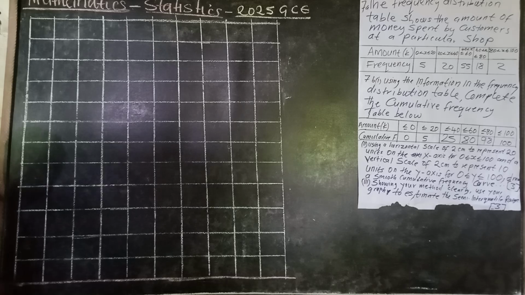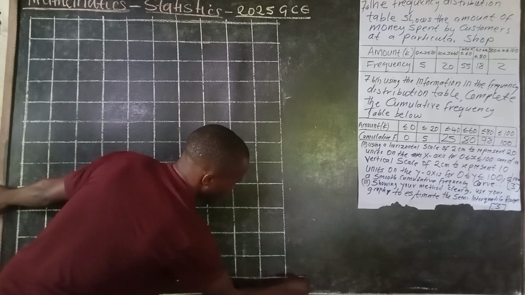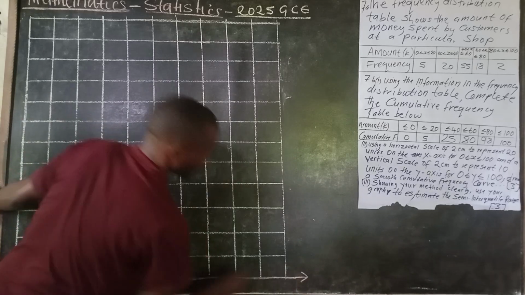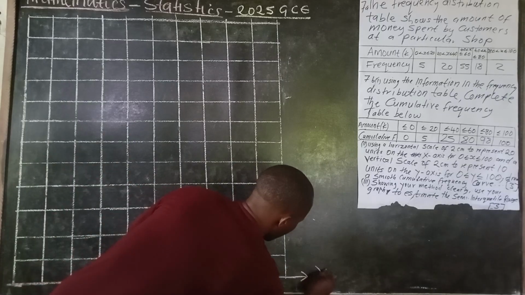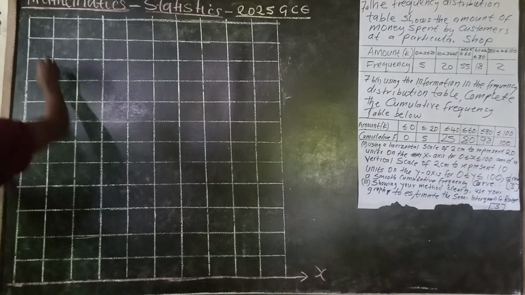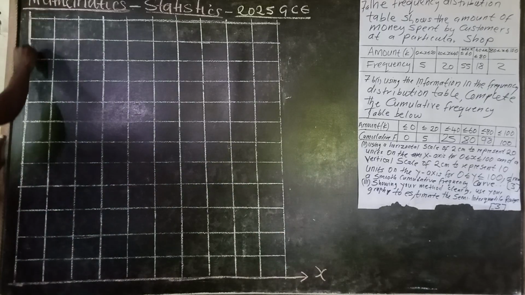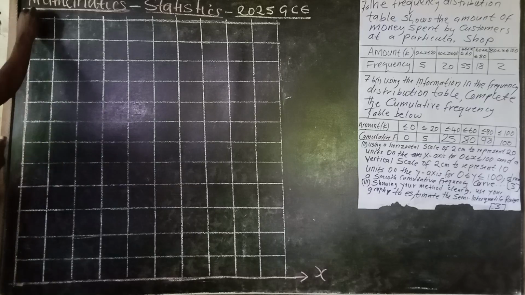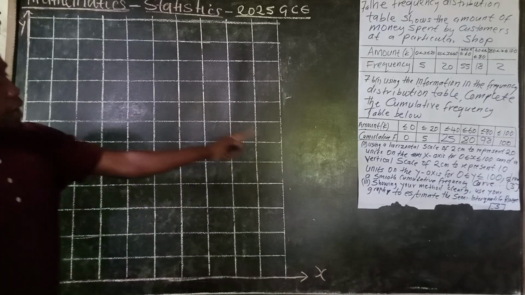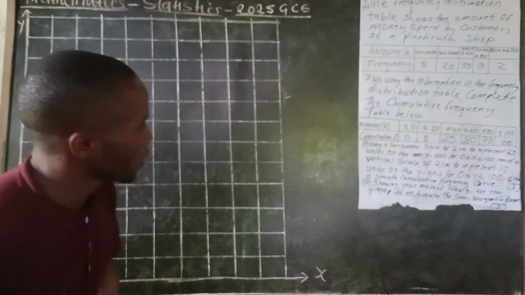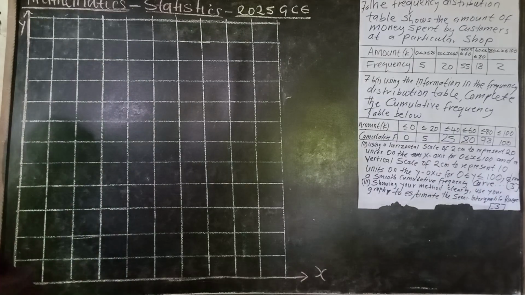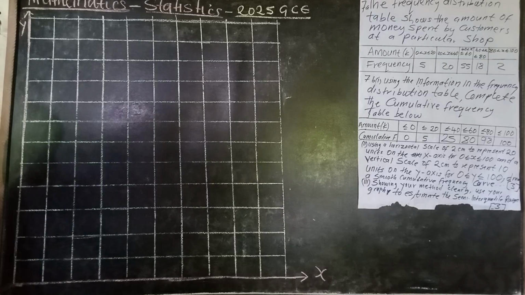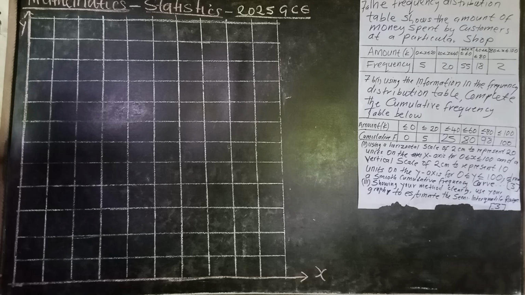So this is the x-axis. You write x there, then this one is going to be the y-axis. The last line there, you say this is the y-axis. Now, according to the instruction given, on the x-axis you should see to it that the 2 centimeters represent how many units?